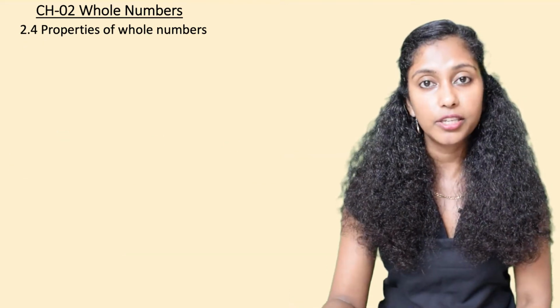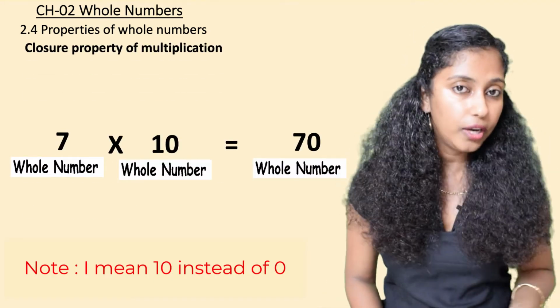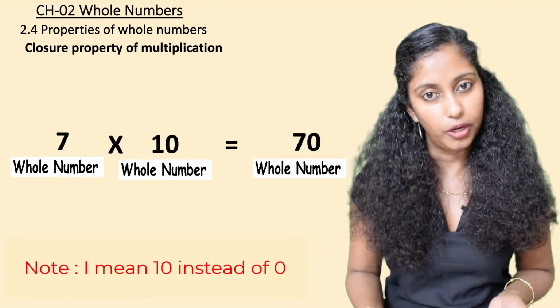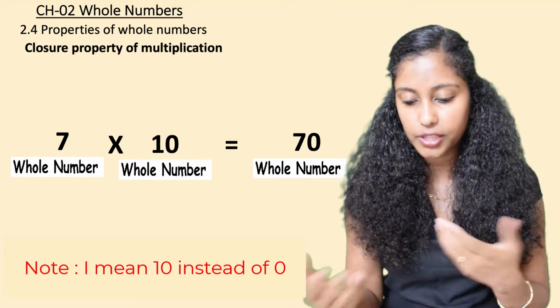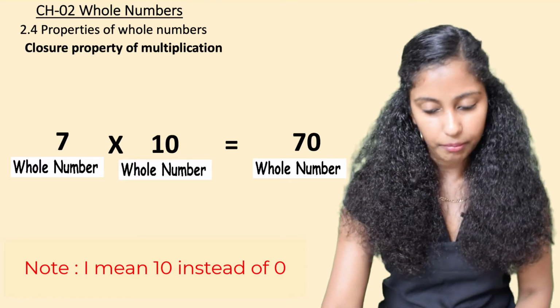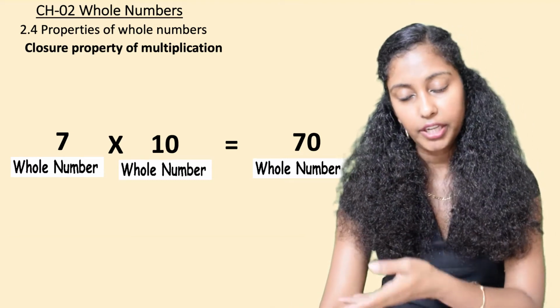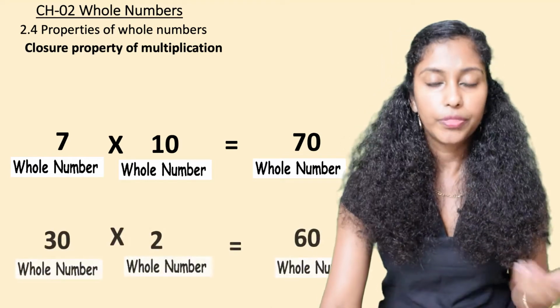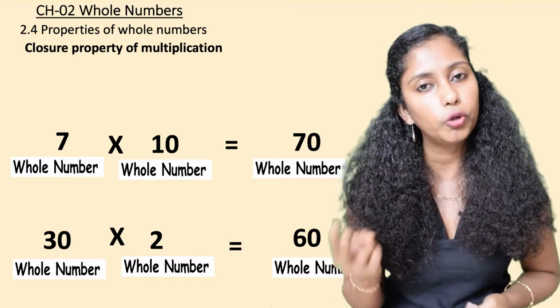Now we'll check this with multiplication. So here 7 is a whole number and 0 is also a whole number. When we multiply 7 with 0, we get the answer 0, which is again a whole number. Here in this example, we can even see 7 multiplied by 10, we get 70, which is a whole number. Now another example, we see 30 multiplied by 2. 30 and 2 both are whole numbers.